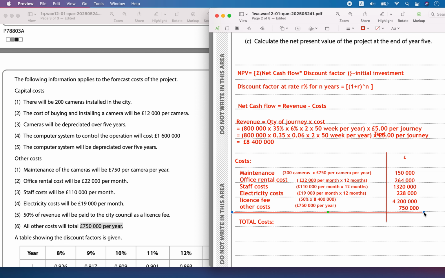That is going to be equal to 6,912,000. So let's write it here, 6,912,000. That's the total cost.